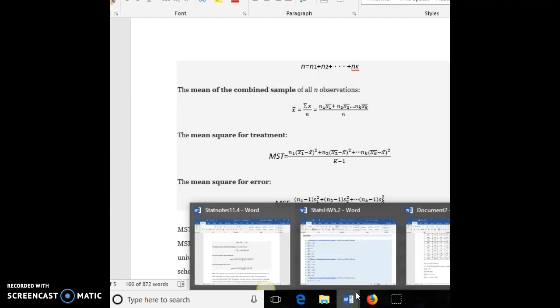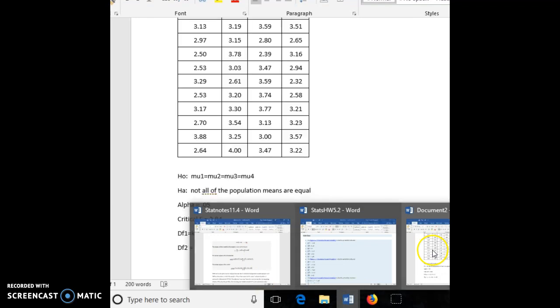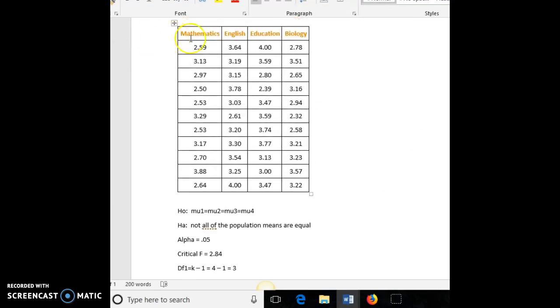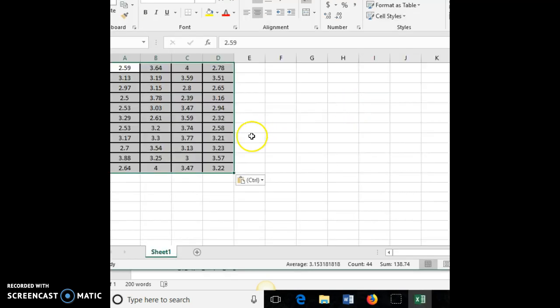Okay, so to do that, we're going to cheat and make it easy on ourselves. We're going to use Excel. So I'm going to take this table and I'm going to copy it, and I'm going to paste it into Excel. All right, so now that I've pasted this into Microsoft Excel, I'm going to go down beneath each column, and I'm going to get the mean for that column, and I'm going to get the standard deviation.